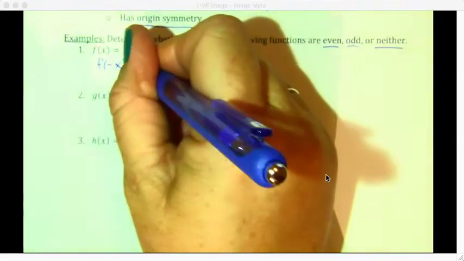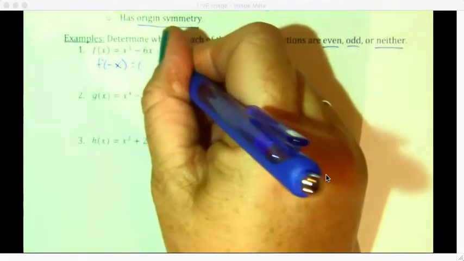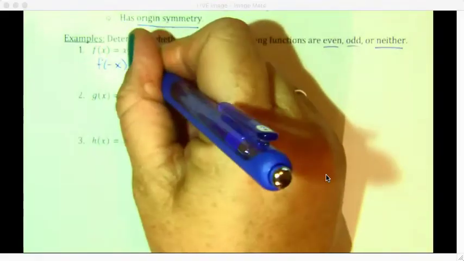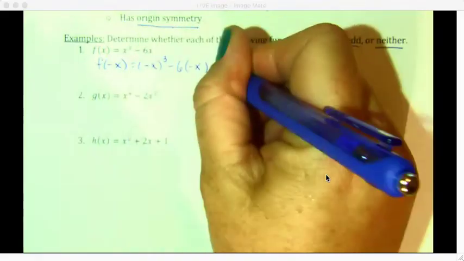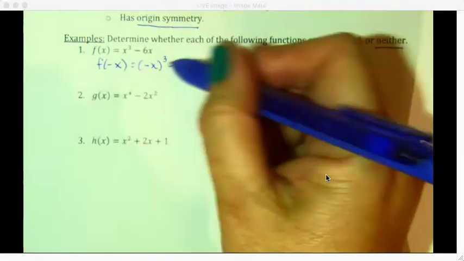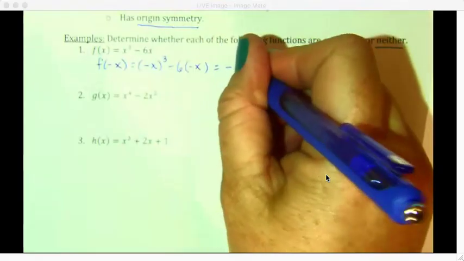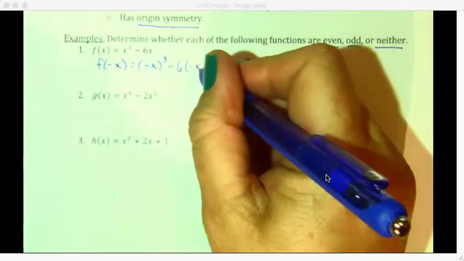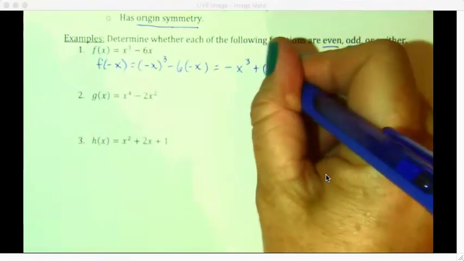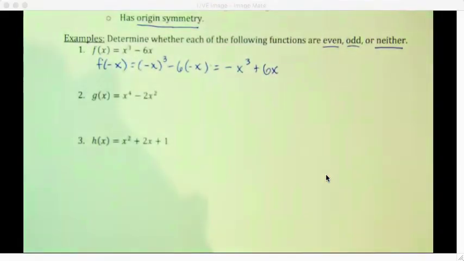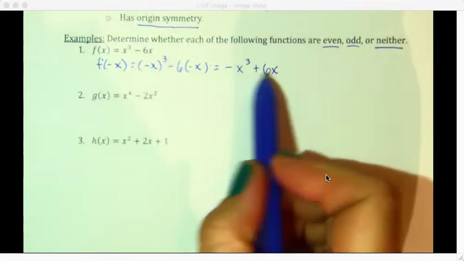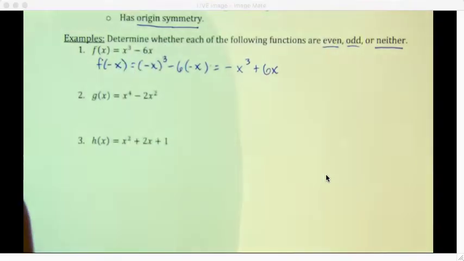So wherever I have an x, I'm plugging in -x. And -x cubed is -x cubed. And then -x times -6 is +6x. And this is not exactly the same as the original function. So it's definitely not even.